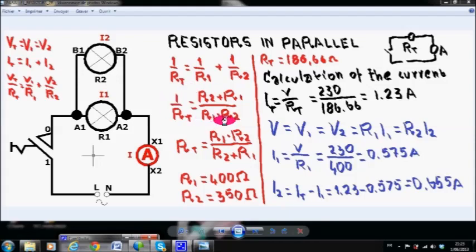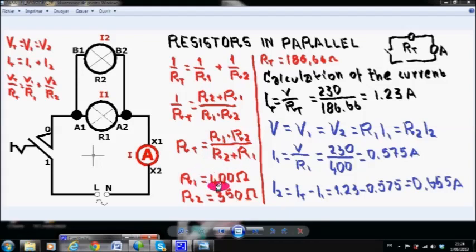This lesson must be given just after the calculation of fractions and reciprocals in mathematics, so it will be very easy for the kids to not get confused or have any difficulty with this kind of operation. They can really use mathematical tools to solve this kind of problem. So RT equals R1 times R2 over R2 plus R1.